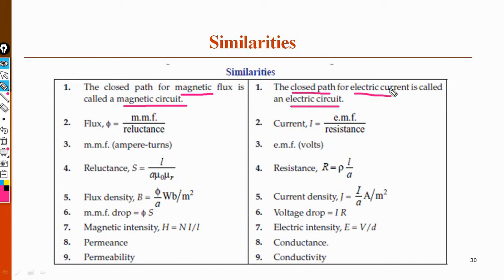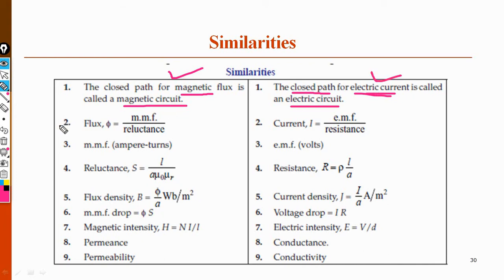That means in an electrical circuit electric current is present, and in a magnetic circuit magnetic flux is present. So in a magnetic circuit we need magnetic flux, and in an electric circuit we need electric current.